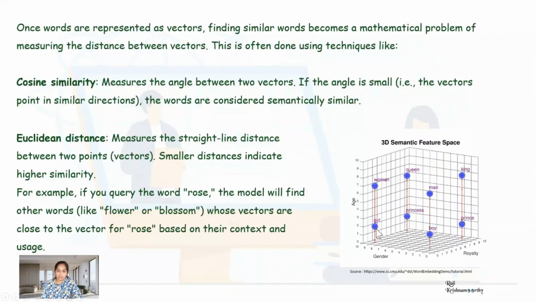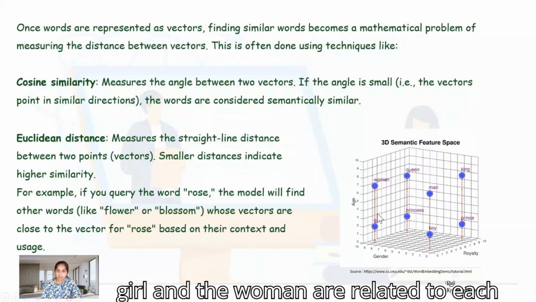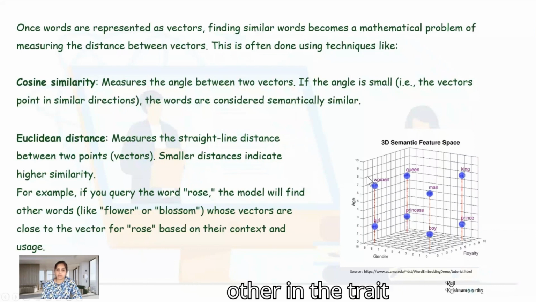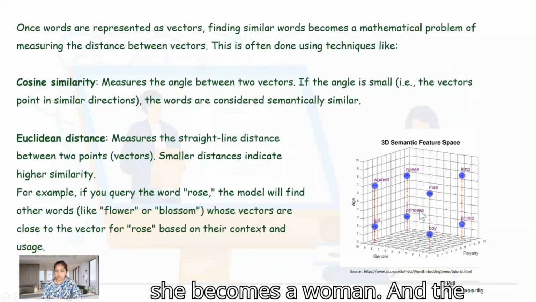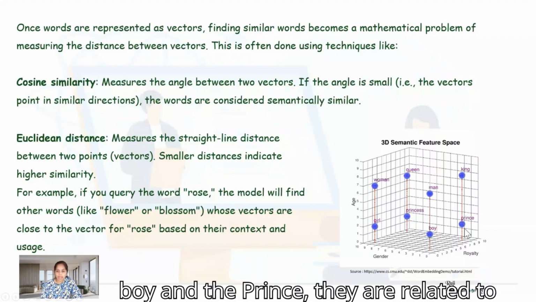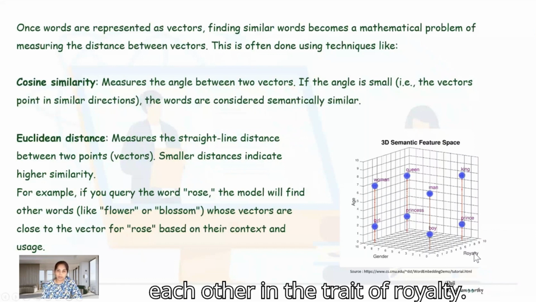If you see here, the girl and the woman are related to each other in the trait of age. As a girl grows up, she becomes a woman. And the boy and the prince are related to each other on the trait of royalty.